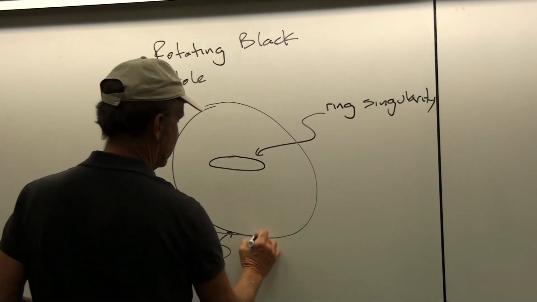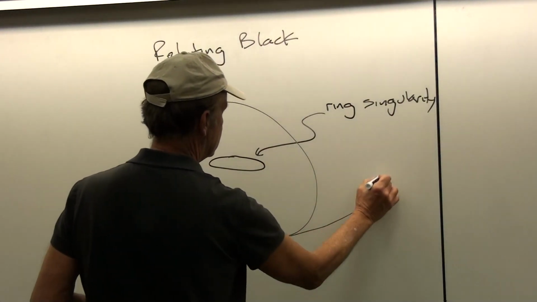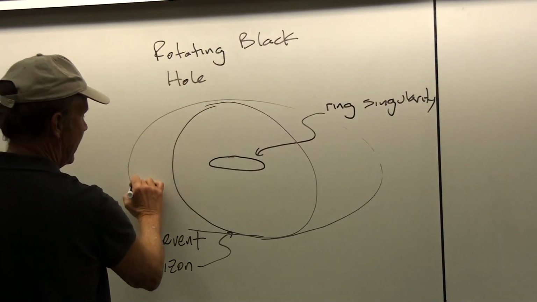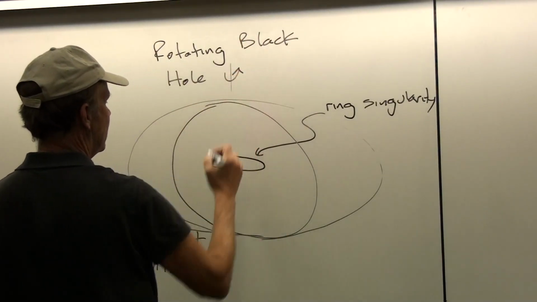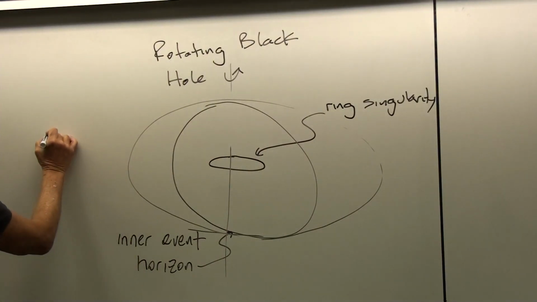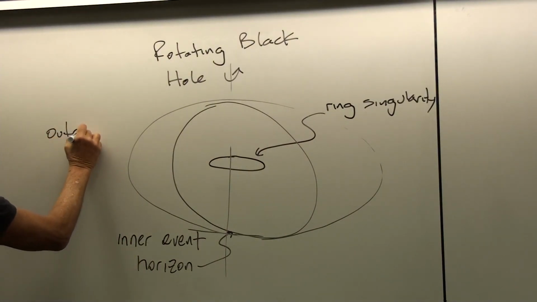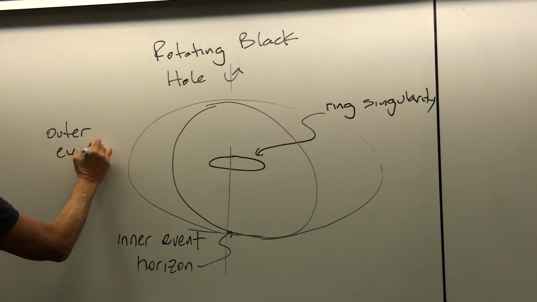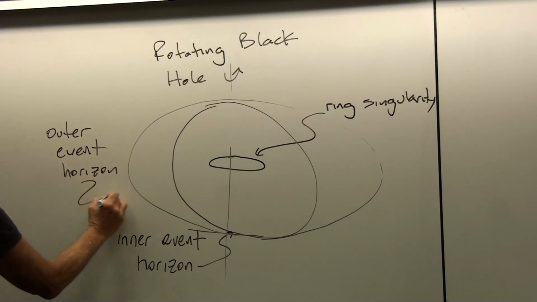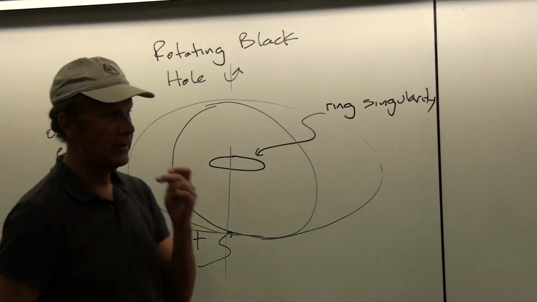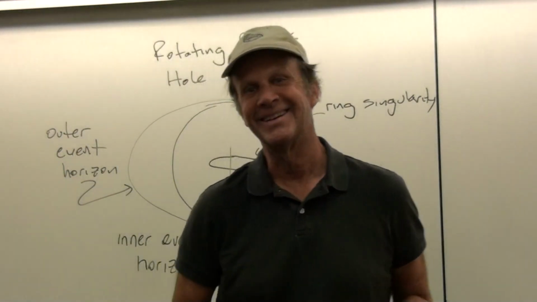And then surrounding that, we have the outer event horizon. So this would be the rotational axis of the black hole. This would be the outer event horizon. So as if one event horizon weren't enough, now we have two.